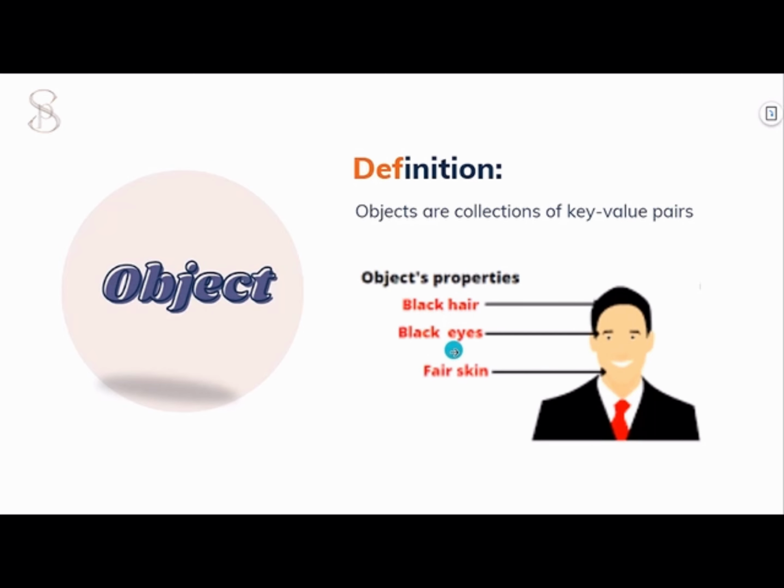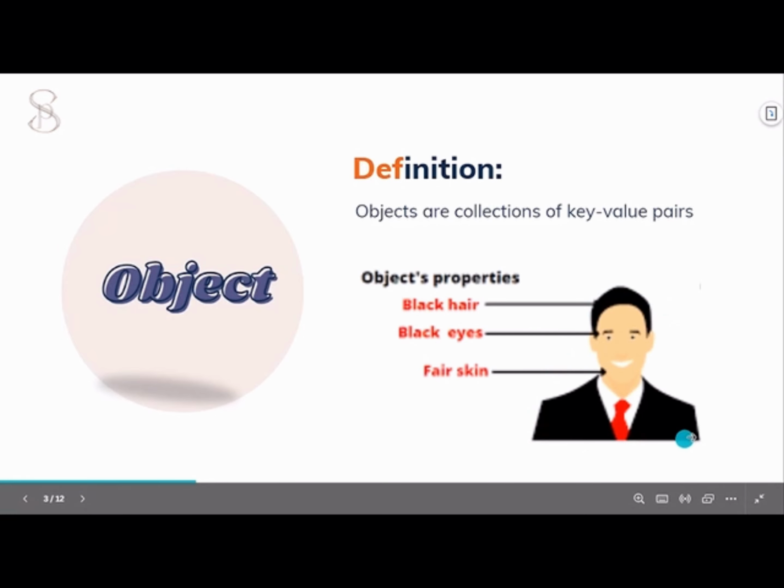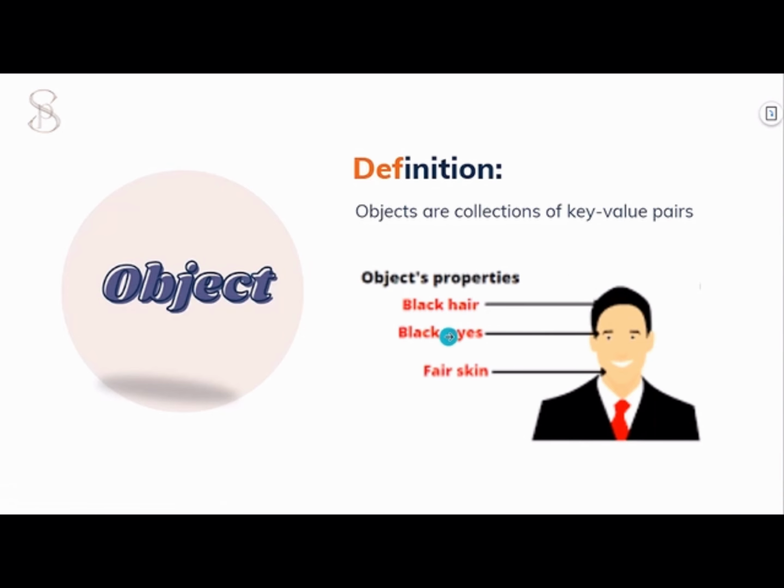So, these are the properties, like the hair color, the eyes color and the skin color, of a man. They will vary from man to man, right? So, we will store them in the form of an object as key value pairs. That is known as an object.